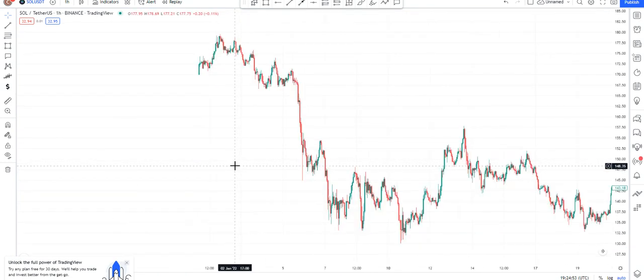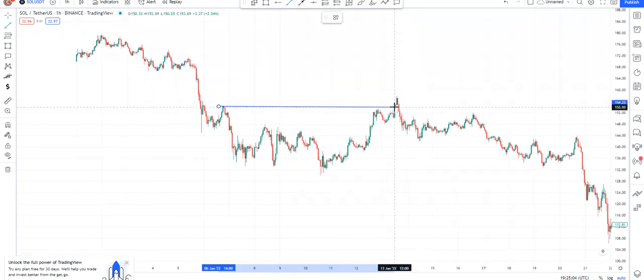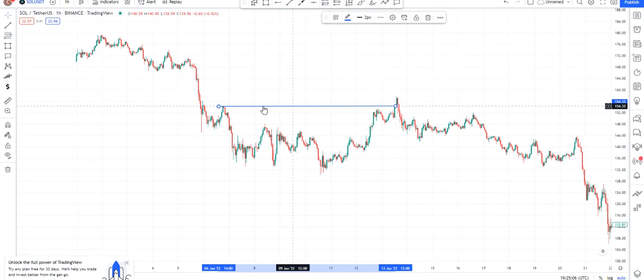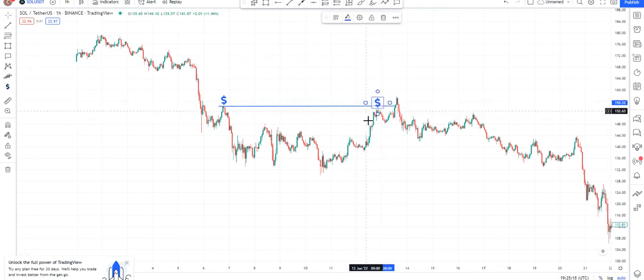And here you can see a potential breaker block here as well. We have price running out a high, two highs as a matter of fact. This one here was taken, and this high here. Okay, let me shift down. So that high was taken as well as this one that is here.